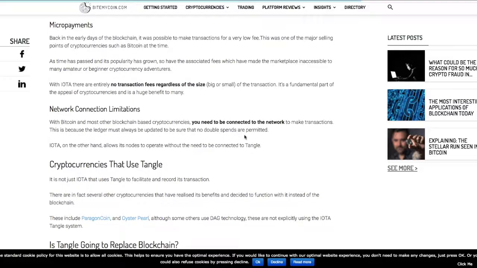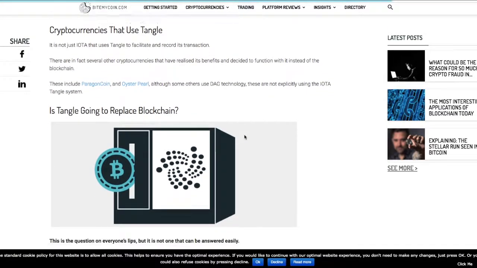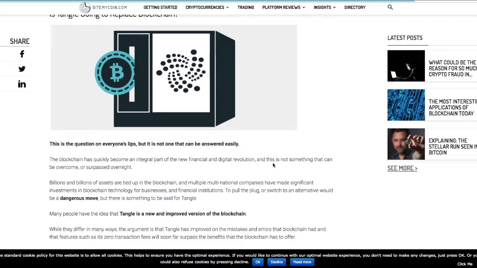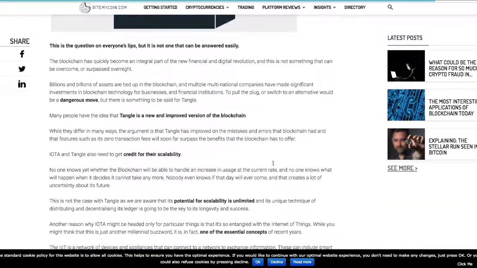That won't happen with IOTA, thus making it much easier to scale. That, plus the way that it confirms transactions by using two previously confirmed transactions, drastically cuts down on transaction times and also helps with the scaling issue.